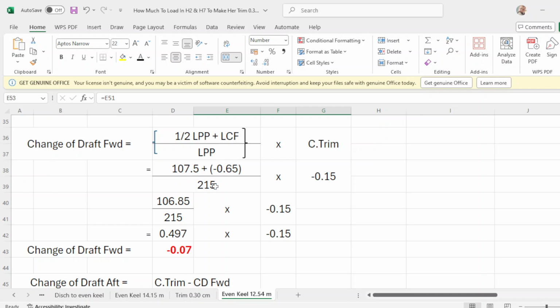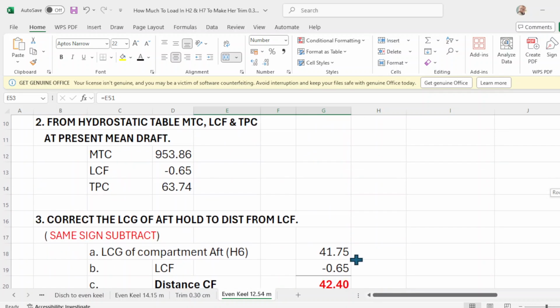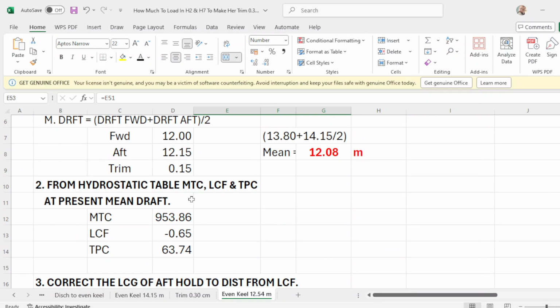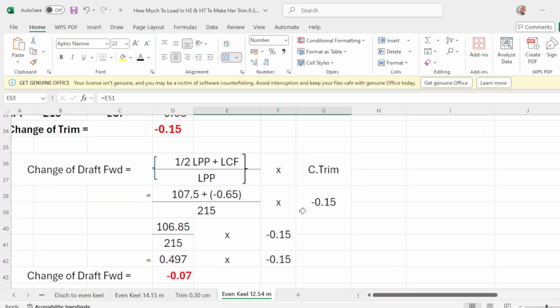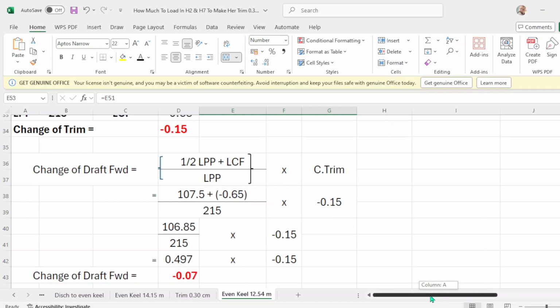Plus your LCF. LCF is negative 0.65, okay? Over your LPP of 215 times change of trim of negative 0.15, which is this one.